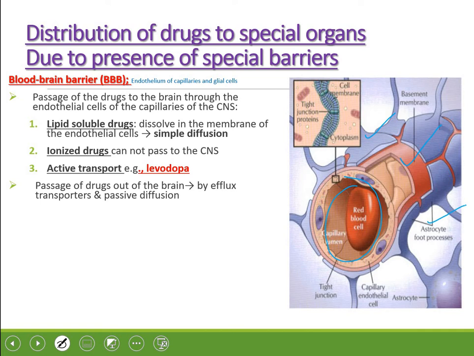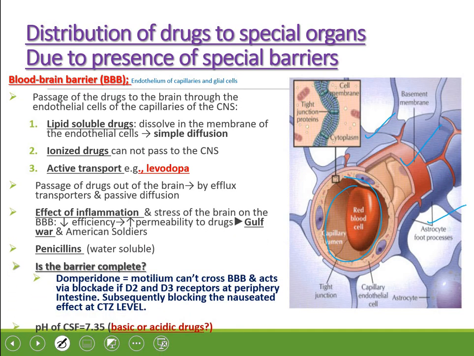That is why the lipophilic drugs will easily cross it, but the hydrophilic cannot cross it because there is no fenestration inside the endothelial wall of these capillaries that are supplying the brain. So this gives the concept of the blood-brain barrier.